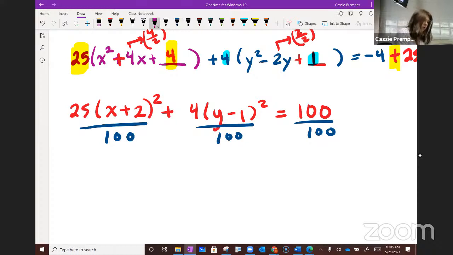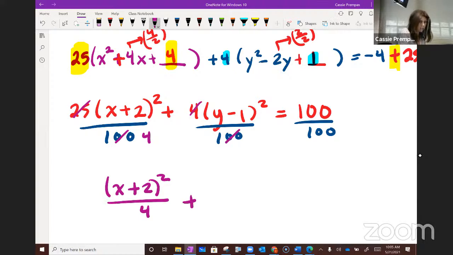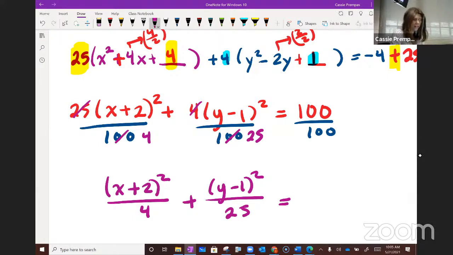How many times does 25 go into 100? 4. So this is going to become x plus 2 squared over 4 plus, how many times does 4 go into 100? 25. So I have plus quantity y minus 1 squared divided by 25 is equal to 100 divided by 100 is 1.